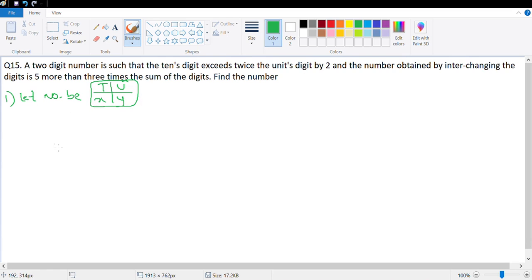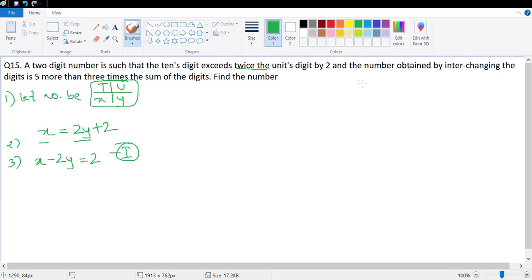What's given is the tens digit, which means x, exceeds twice the units digit by 2, which means x is equal to 2y plus 2. So x minus 2y is equal to 2. That's our first equation.